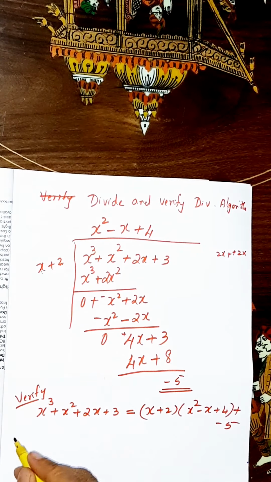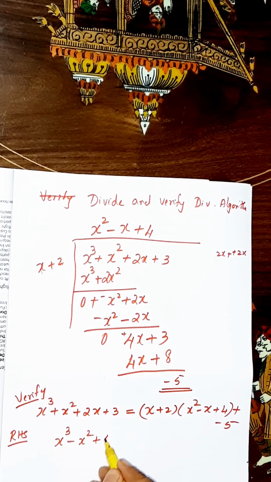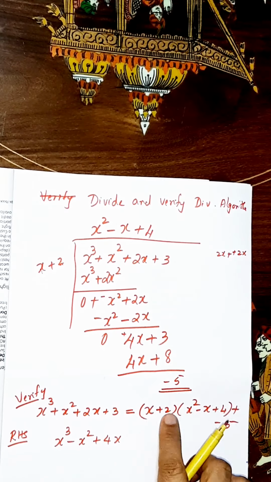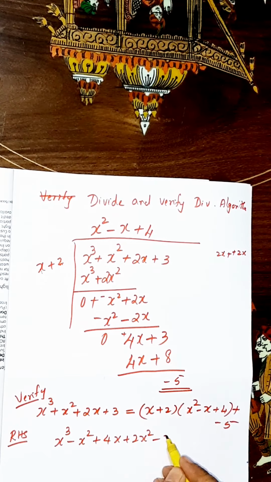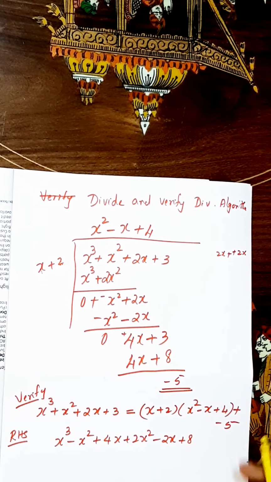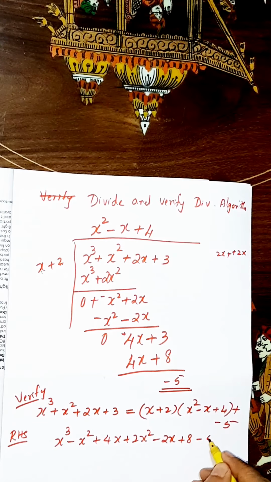So we will take the RHS and do the multiplication. x cube minus x squared plus 4x, x into 4, then plus 2x squared minus 2x plus 8, then plus minus 5 becomes minus 5.